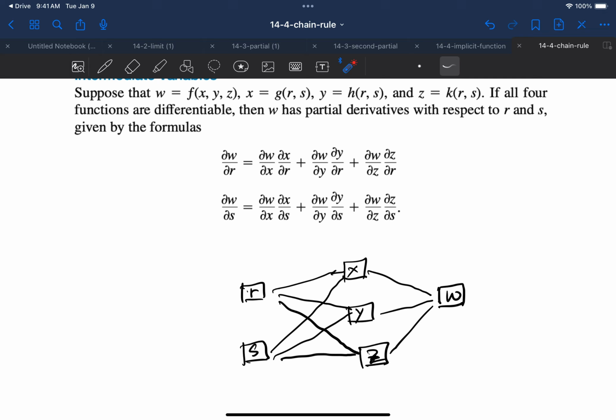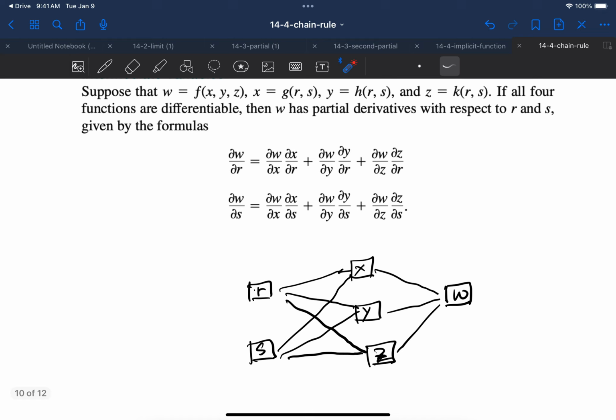Now another way you can reach w from r is going to be this link. And along this link, we have wy and yr. Put them together, of course first multiply together, and put this as another term.